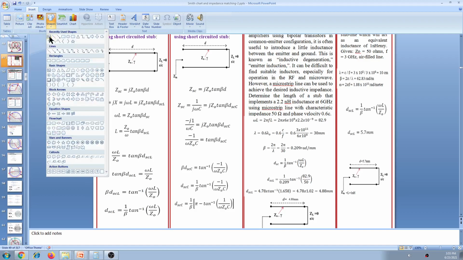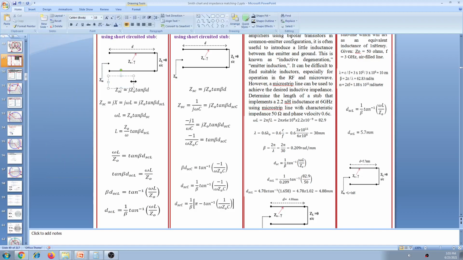So instead of this, if you take z is equal to r plus jx, it may be r minus jx, or y is equal to G plus jB. This we studied: it is admittance.